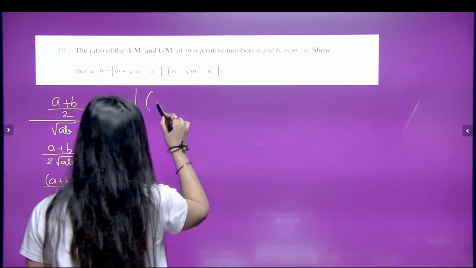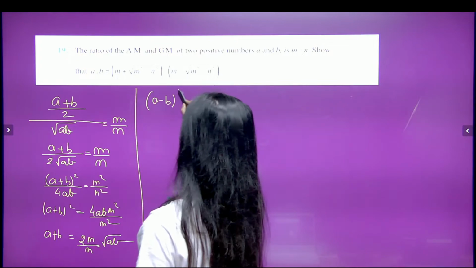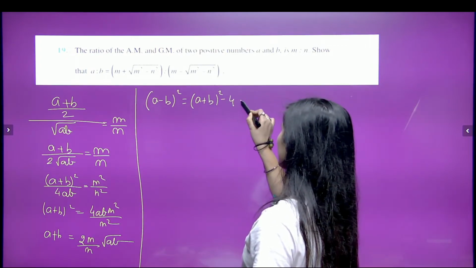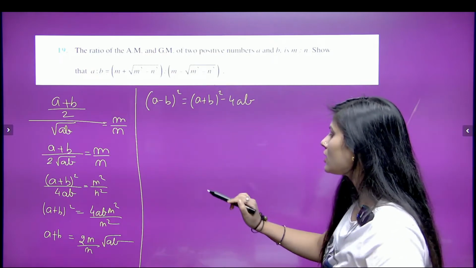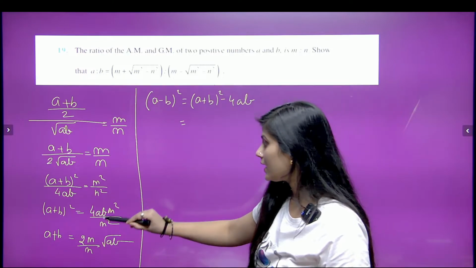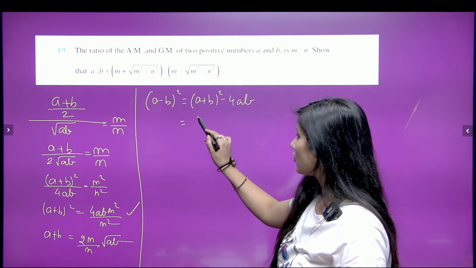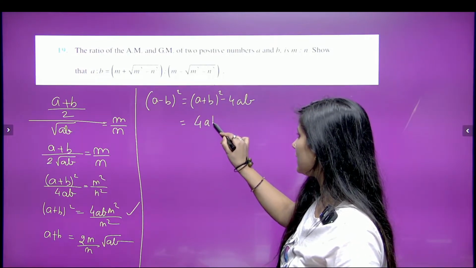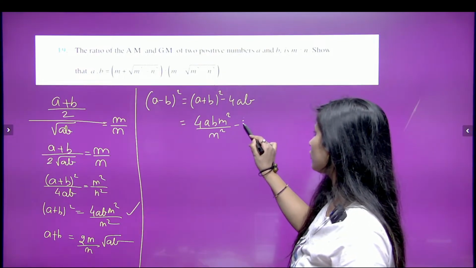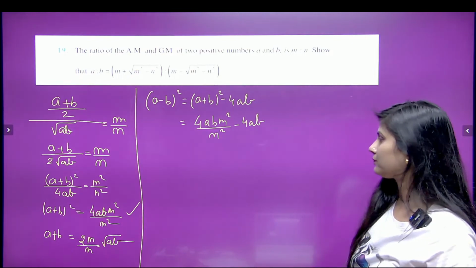So let us suppose what should be the value of A minus B. It should be A plus B whole square minus 4AB. We have discussed this thing before. The value of A plus B whole square is 4AB M square by N square, minus 4AB.